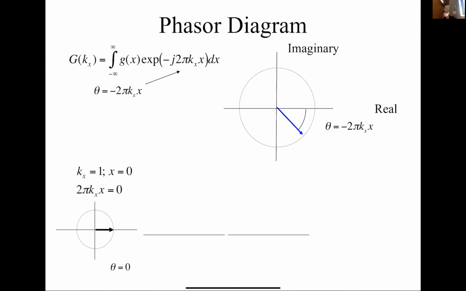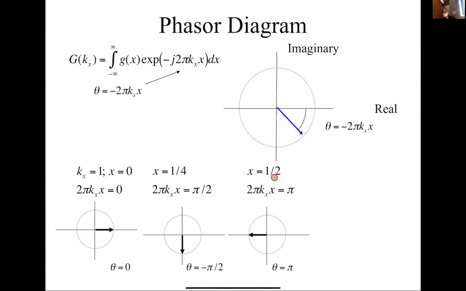Well, for all these, we'll assume that kx equals 1. So at x equals 0, 2 pi kx x is just equal to 0. So that means theta is just equal to 0. At x equals 4, 2 pi kx x equals pi over 2. But I have theta equals minus that. So theta is equal to minus pi over 2. So we're just mapping out what this phasor looks like.